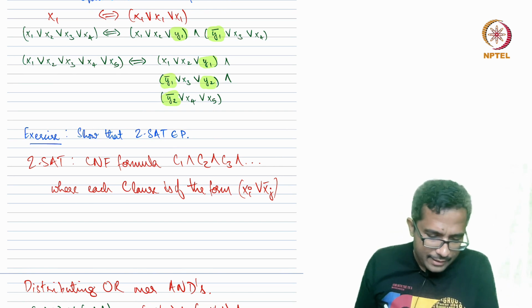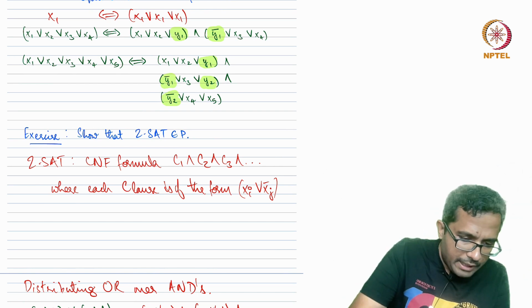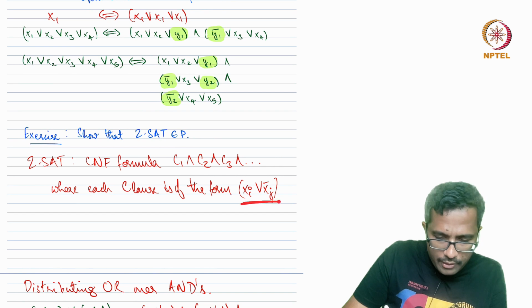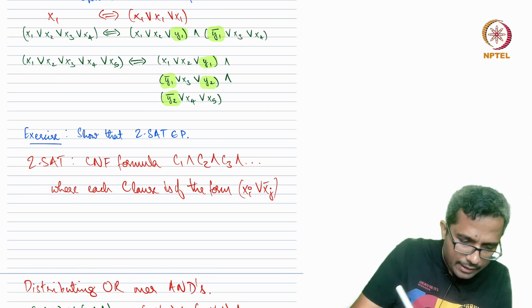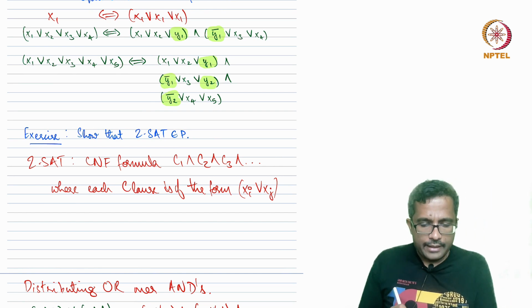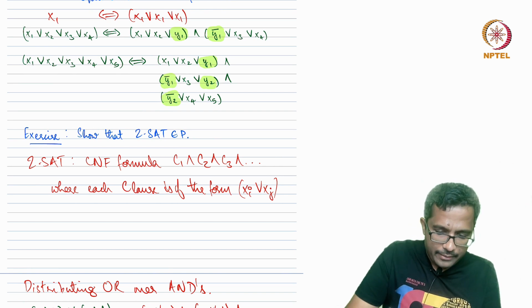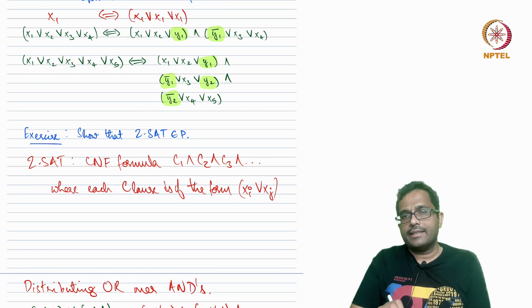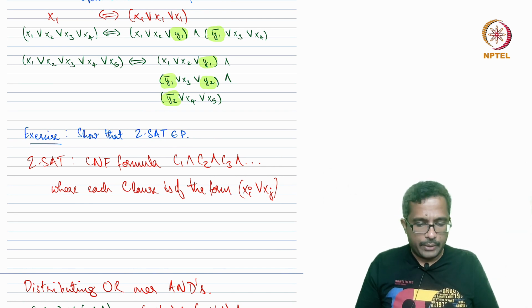The reason is we can view 2 SAT as implications. Just for simplicity, take xi or xj. It's like if xi is false, then xj has to be true, otherwise this will not be satisfied, right? So this can be viewed as implications, and that characterization helps us show that 2 SAT is in P.